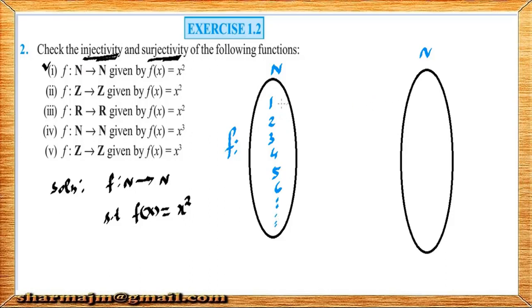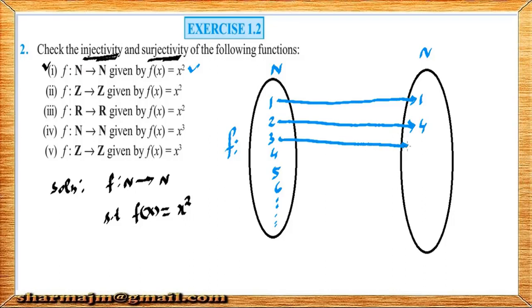So by definition, image of 1 is 1 square, that is 1. Image of 2 is 2 square, that is 4. Image of 3 is 9. Image of 4 is 16.